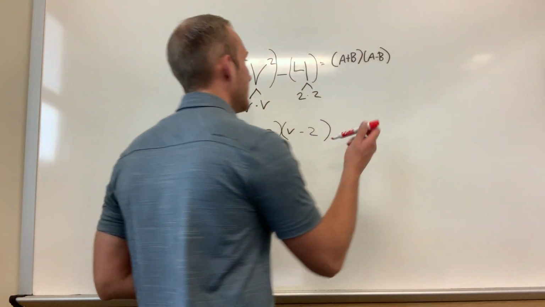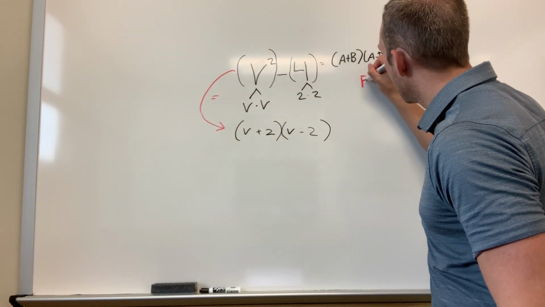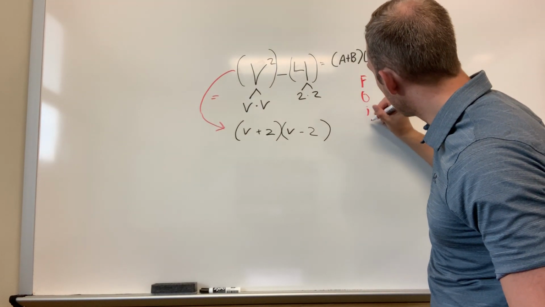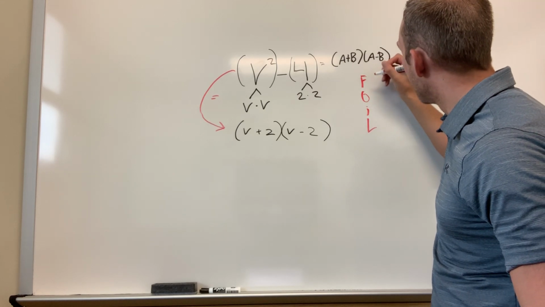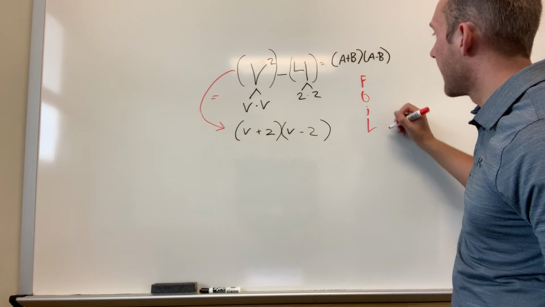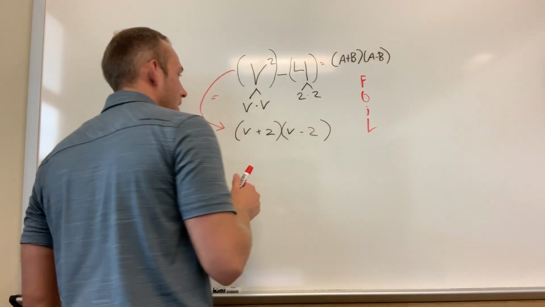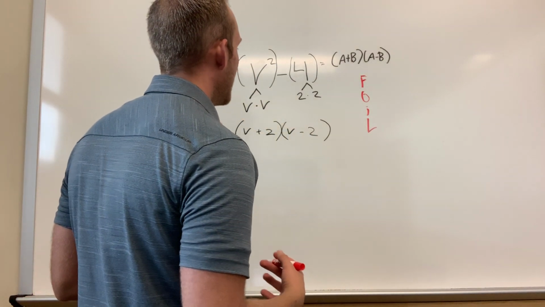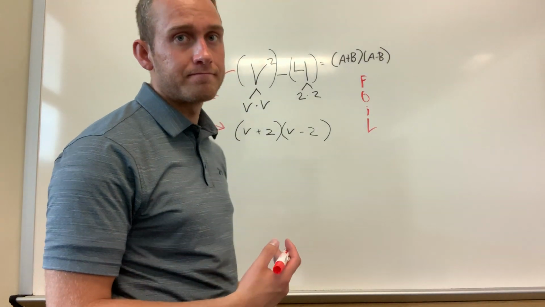But basically, in case you don't know, FOIL: first, outer, inner, last. It's basically all these variables we want to be times by each other.